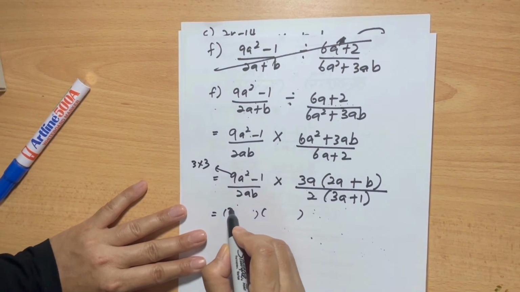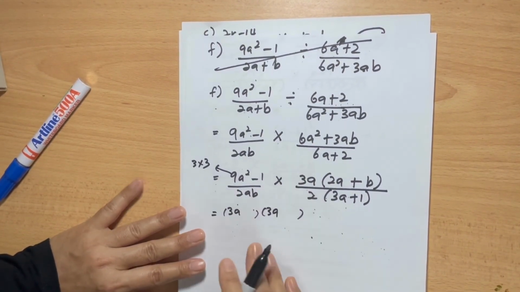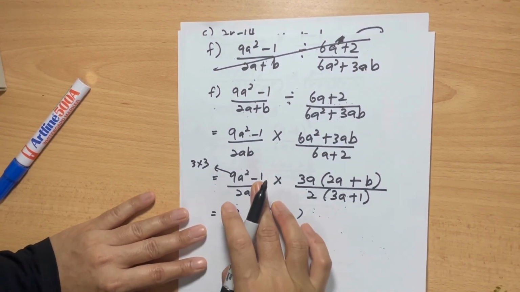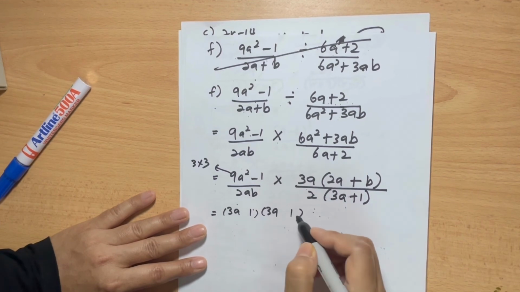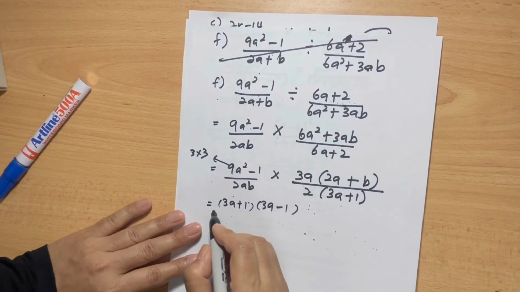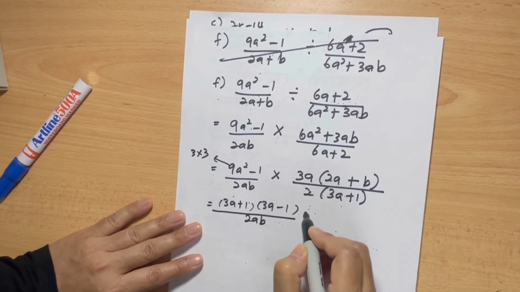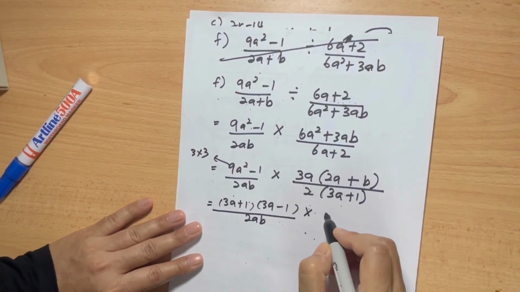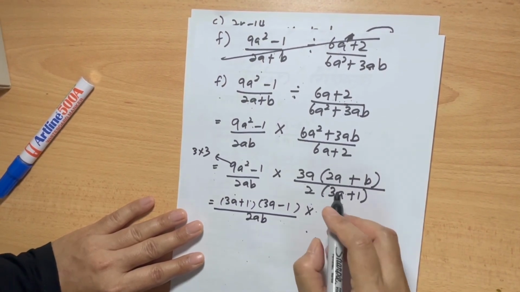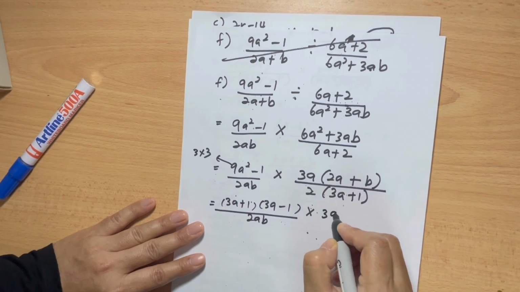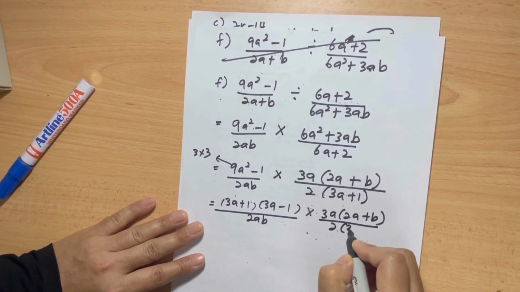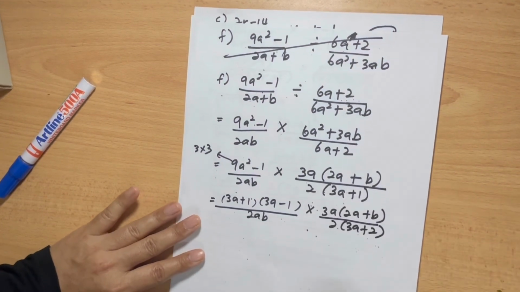So 3A, 3A. Yes, we can do the factorization. Here we have negative, so 1, 1, that means 1 positive, 1 negative. Over 2AB times 3A, 2A plus B over 2, 3A plus 1.